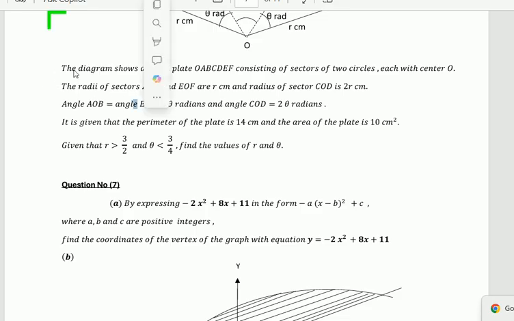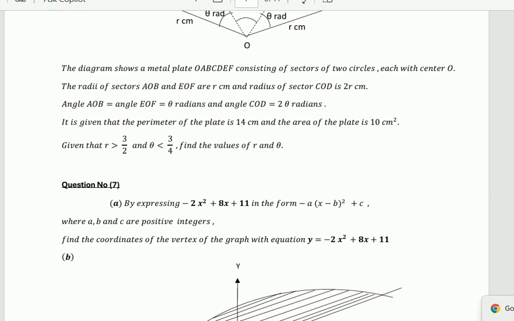Angle AOB equals angle EOF equals theta radians, and angle COD equals 2 theta radians. It is given that the perimeter of the plate is 14 centimeters and the area of the plate is 10 centimeter square. Given that r is greater than 3 by 2 and theta is less than 3 by 4, find the values of r and theta.